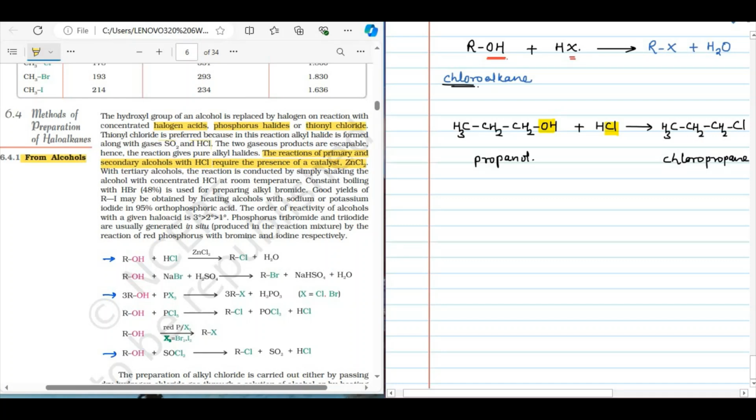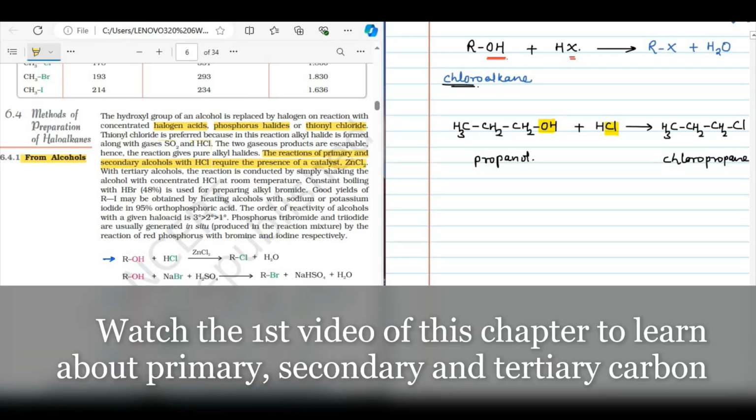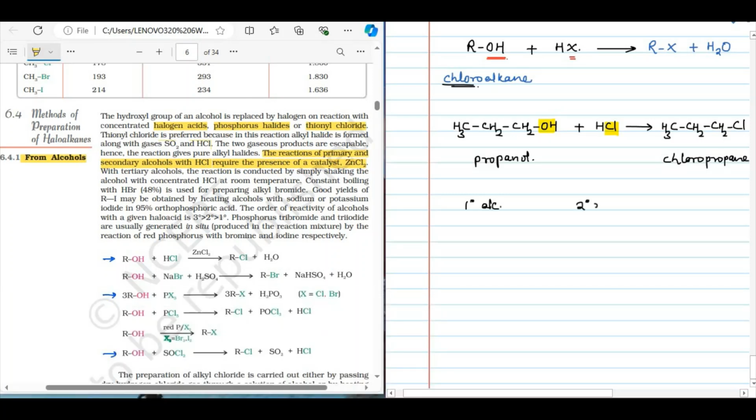As we discussed in the first lecture of haloalkane, how to classify haloalkane into primary, secondary and tertiary, in the same way you can classify alcohol also. So this is primary alcohol, secondary alcohol and this is tertiary alcohol. Let's take one example of each.